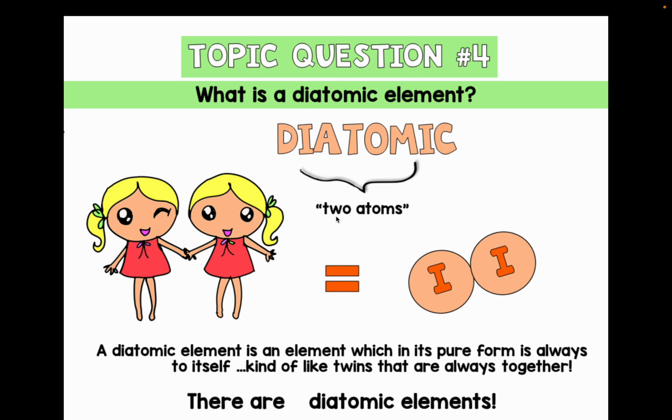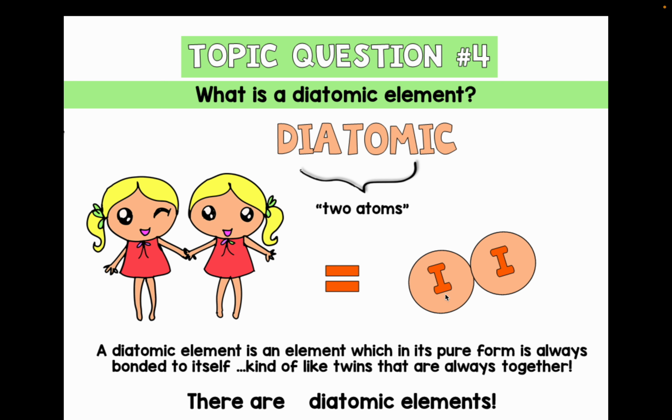Diatomic means there are 2 atoms bonded together. Notice here in this diatomic element of iodine, we've got 2 iodine atoms that are chemically bonded together. That's a diatomic element because in its pure form, there's nothing here but iodine, it's always bonded to itself, kind of like twins that are always together, right?